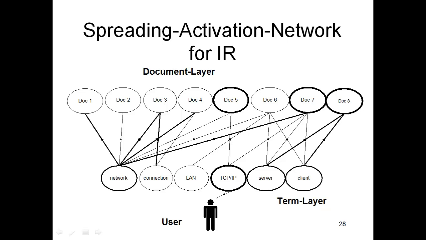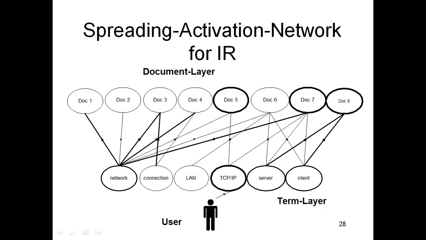So here our metaphor for retrieval can be: I express my interest by activating some query, and my interest spreads over the network, and all things that I'm interested in get activated. Topics, terms or documents, doesn't matter. I can also use this to get interesting terms back.